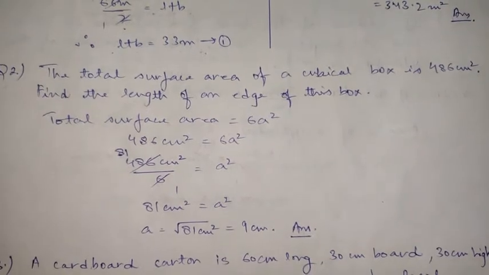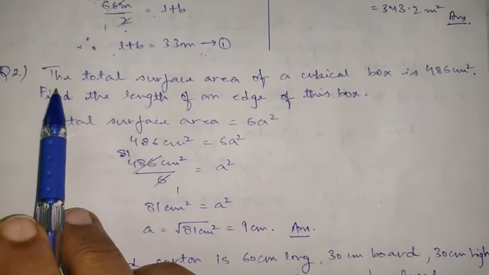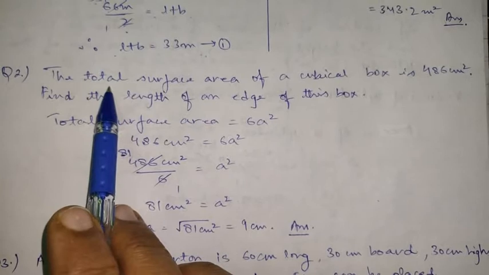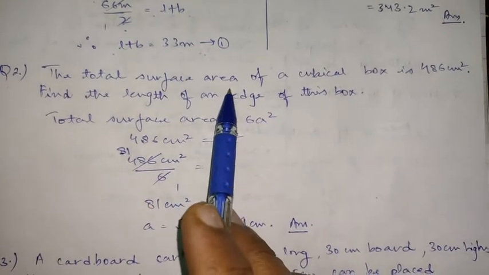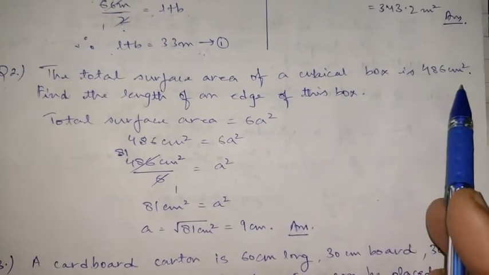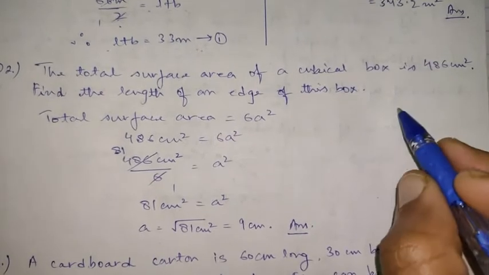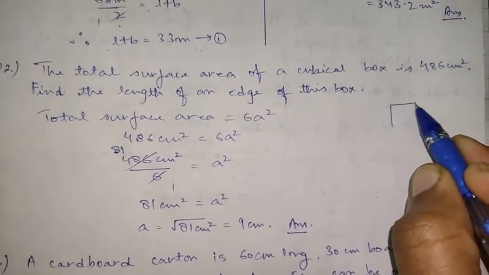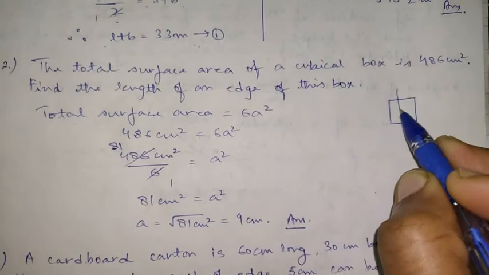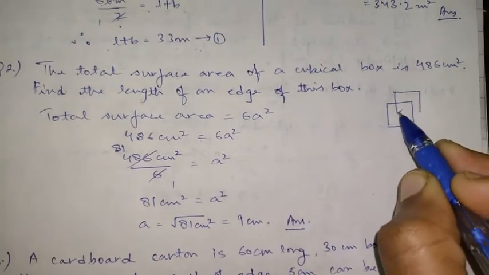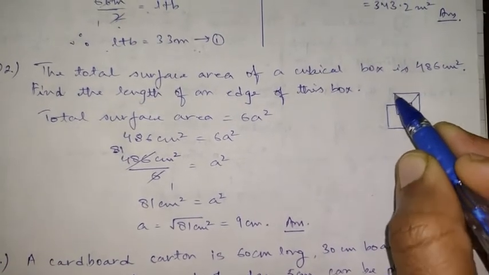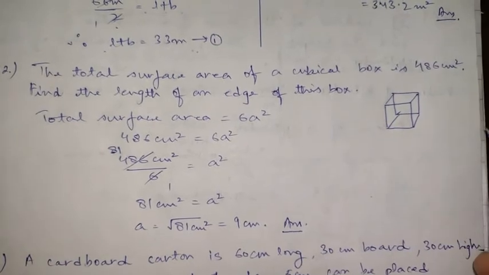In one more question, it is given that the total surface area of a cubical box is 486 centimeter square. So there is a cube given to us in this shape, and they have given us the total surface area.